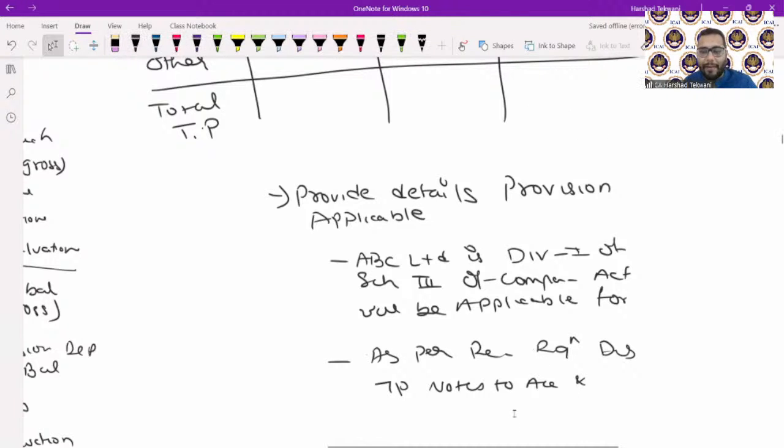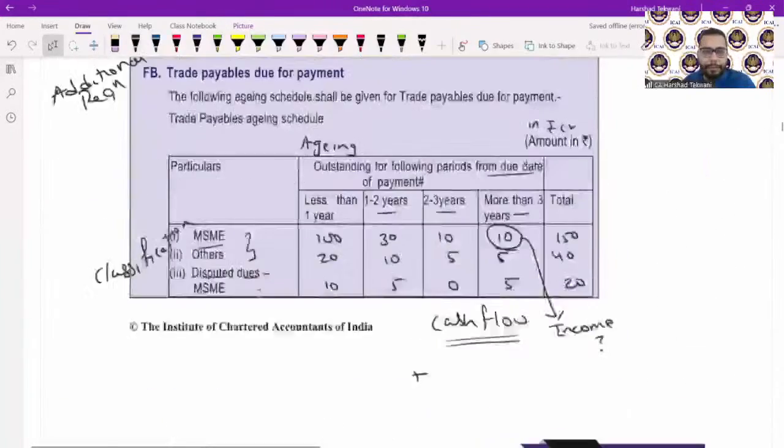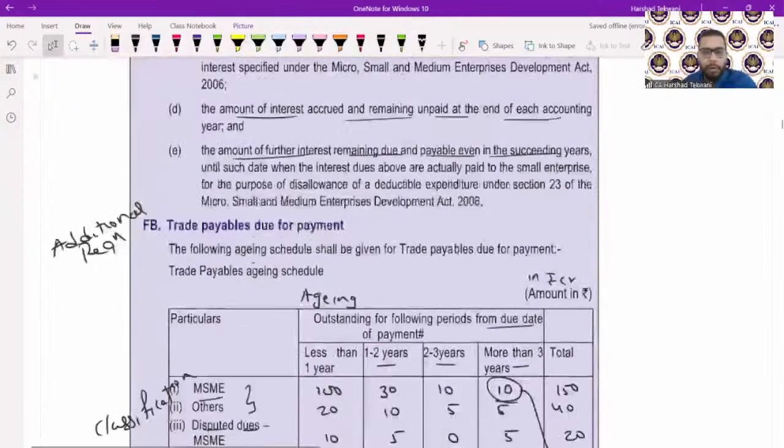See, whenever you are quoting any provision, try to keep the exact same words. For example, they are saying trade payable ageing schedule.